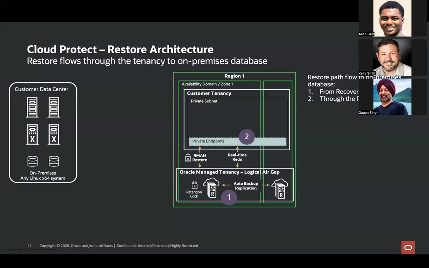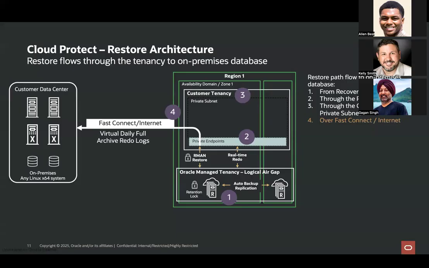The data flows through a private endpoint in your OCI tenancy, and then through a private subnet, which then allows it to land over the FastConnect slash internet into your customer data center. So it's pretty much the same path, just reversed to restore back to your on-premises database, which allows you to get that data fast through the redo archive logs.